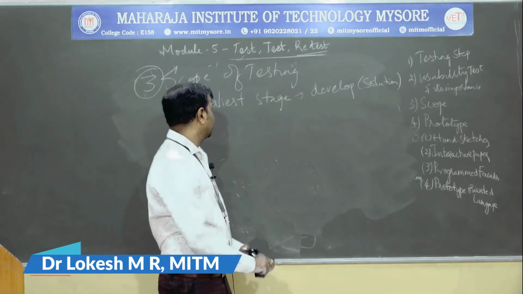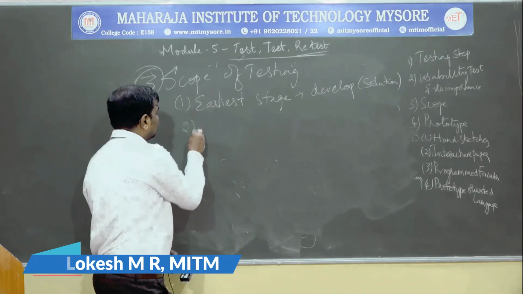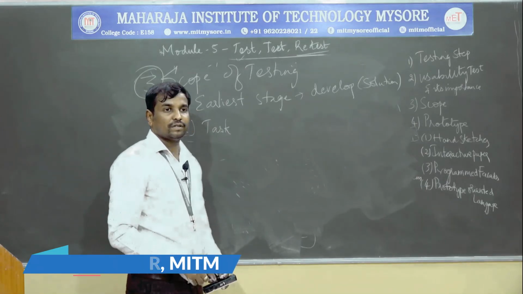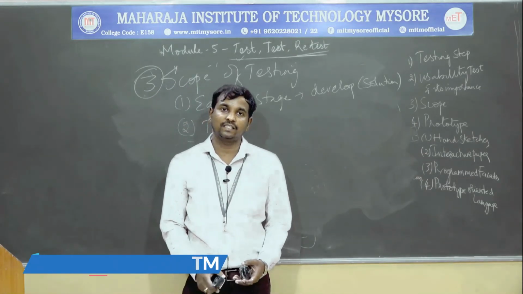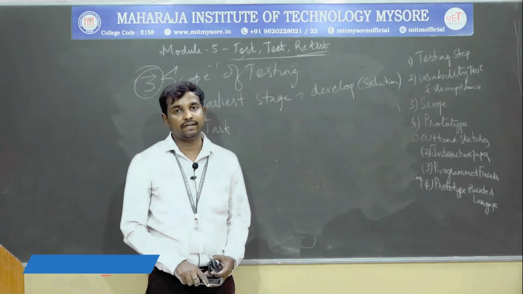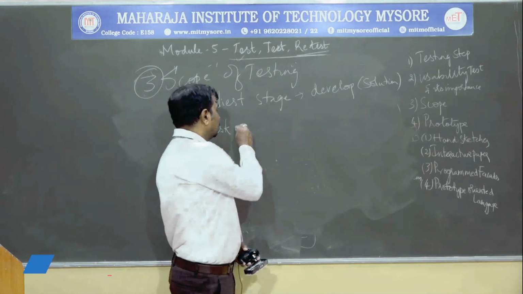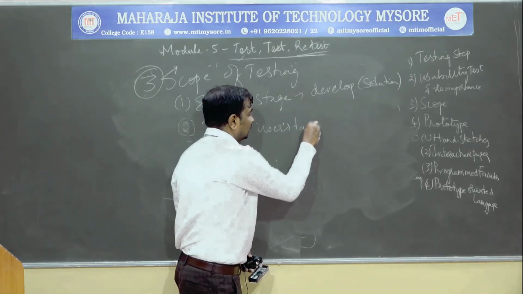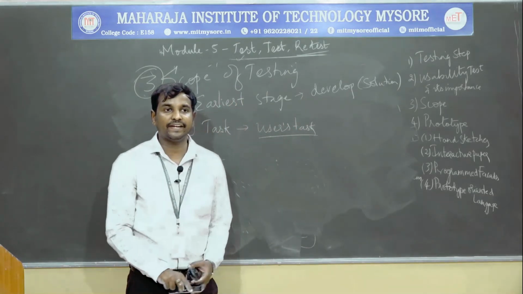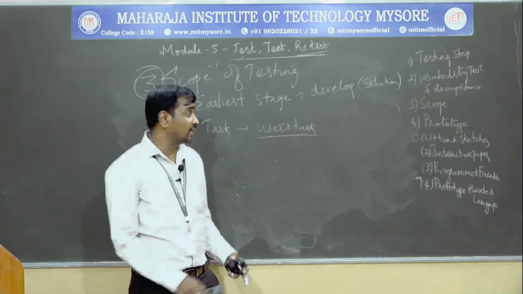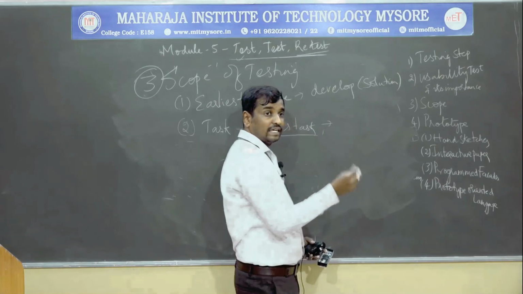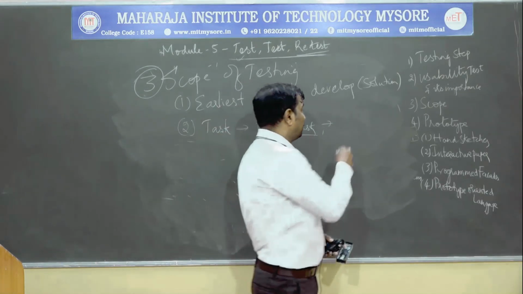The second thing is we can identify the tasks. Earlier the tasks will be fixed, but that may be a developer's task that may not suit the user's tasks. So the users' tasks can be identified, and not only the users' tasks, we will also get different components.